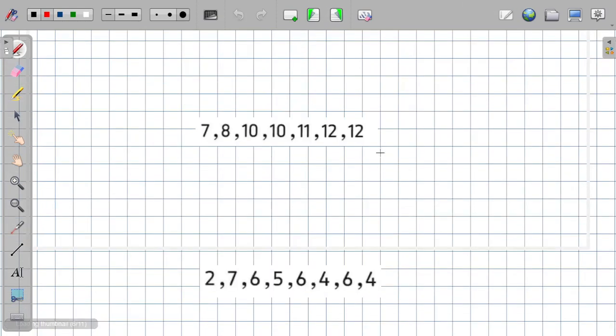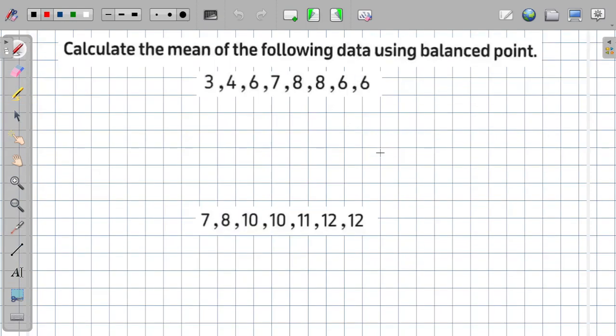Okay, so if I have an example like this, I want to calculate the mean using the balance point. Let's try to represent the data first on the number line like this.